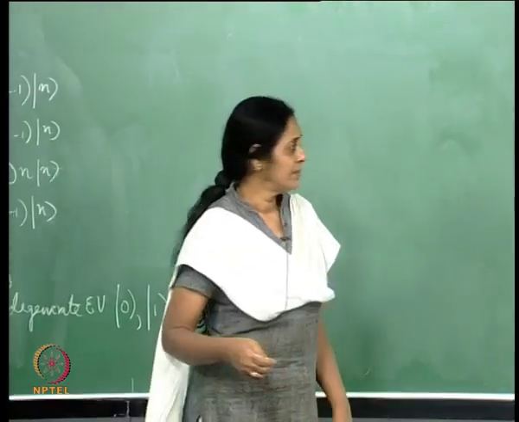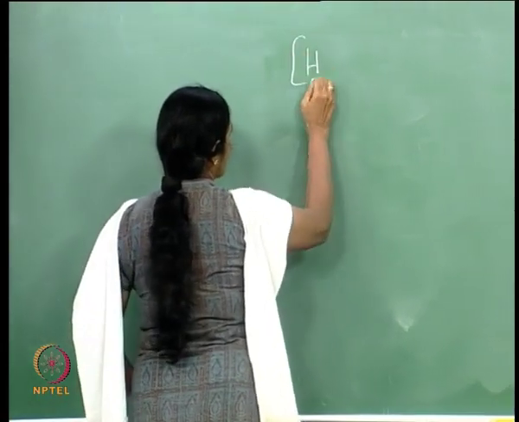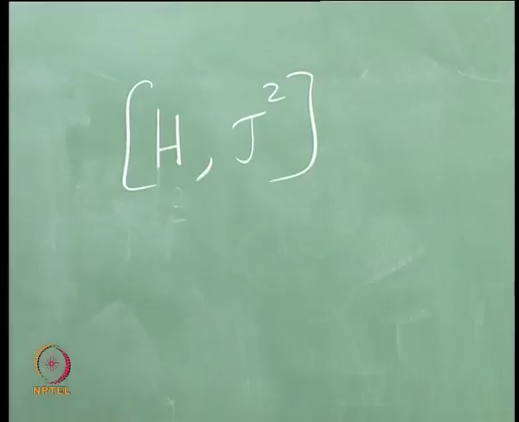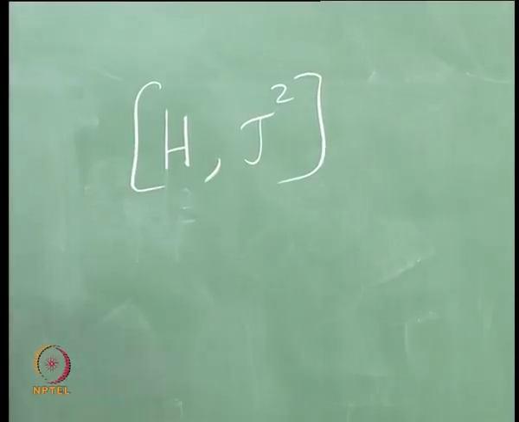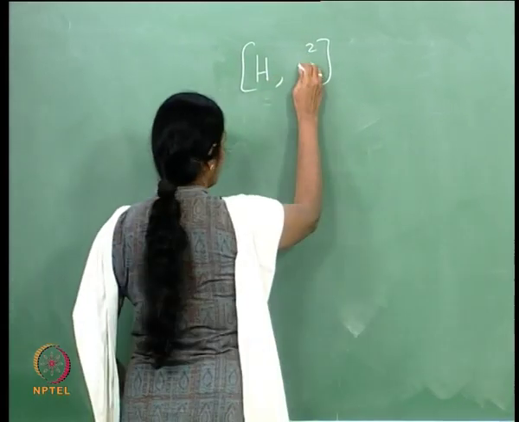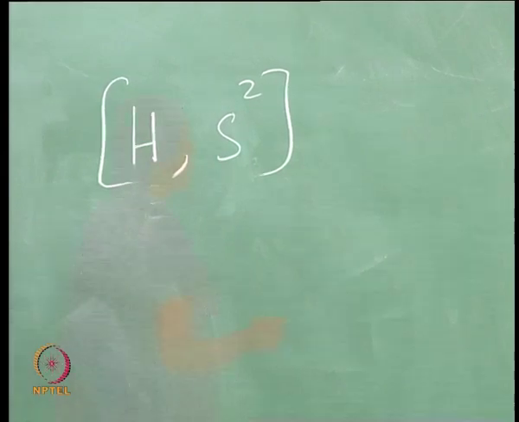to particle physics. Suppose I have a Hamiltonian which commutes with the angular momentum operator j squared. In particular, j is spin, so it's not orbital angular momentum. So let me look at the spin angular momentum. So H commutes with S squared.